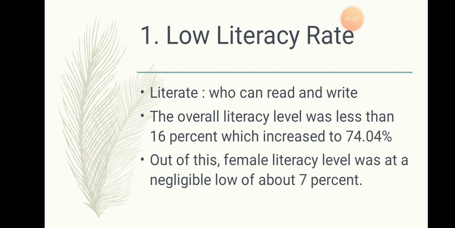How was the literacy rate on the eve of independence? The literacy rate was only 16% in the year of independence. Only 16% of the people in India were able to read and write. When education came into place and people started to learn to read and write, it started increasing, and the current literacy rate is 74.04%. On the eve of independence only 7% of females knew how to read and write, which is a drastic change.